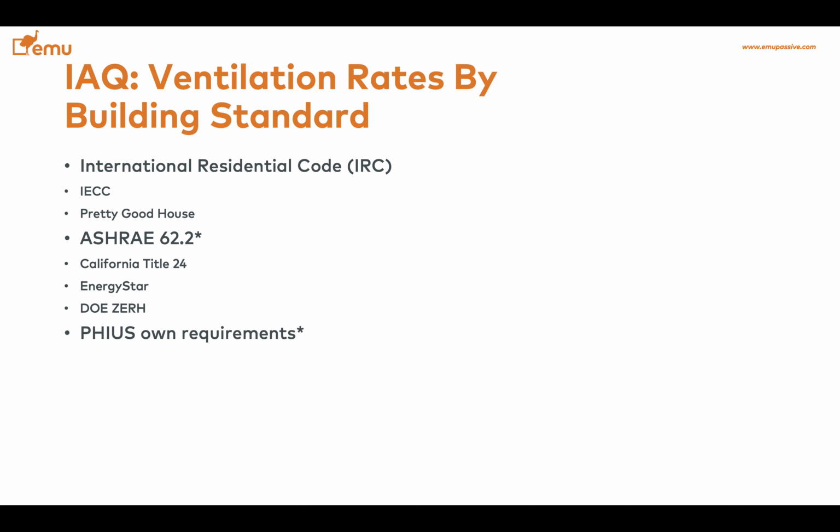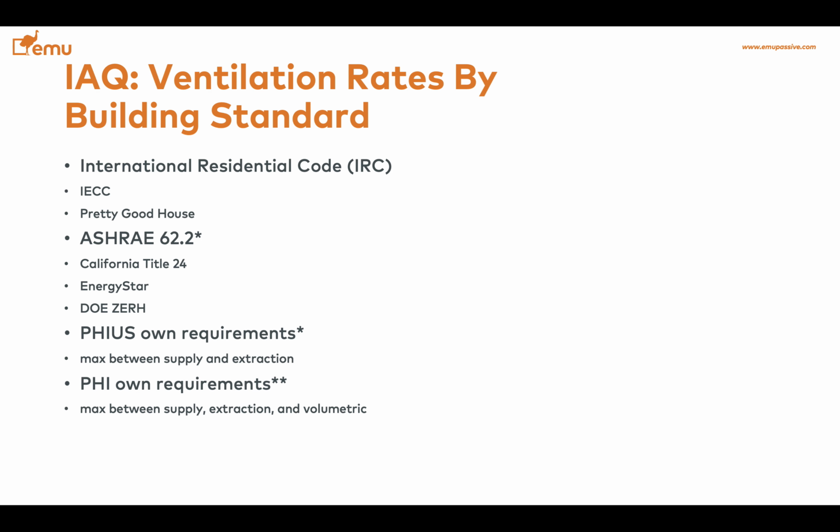Fuse has its own requirements. We're going to see those stars in a second, which is the maximum for Fuse is the maximum between the calculated supply and extraction. And then PHI has its own requirements and the maximum between supply, extraction, and volumetric.